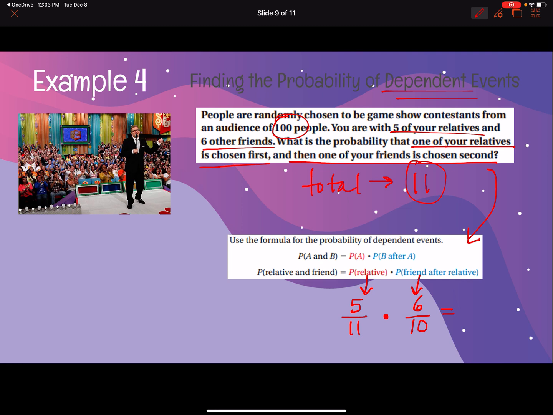And now we're going to multiply these two probabilities. So 5 times 6 is 30. And 11 times 10 is going to be 110.